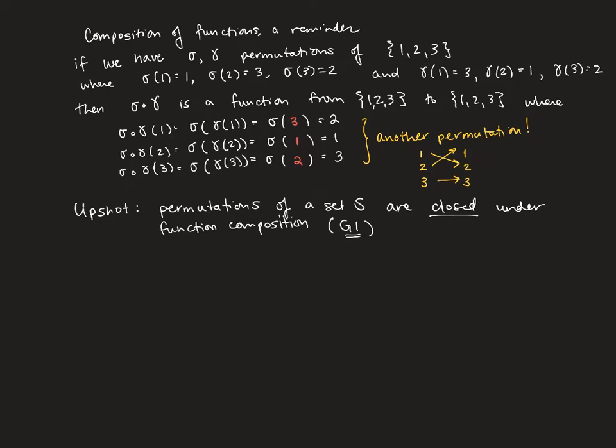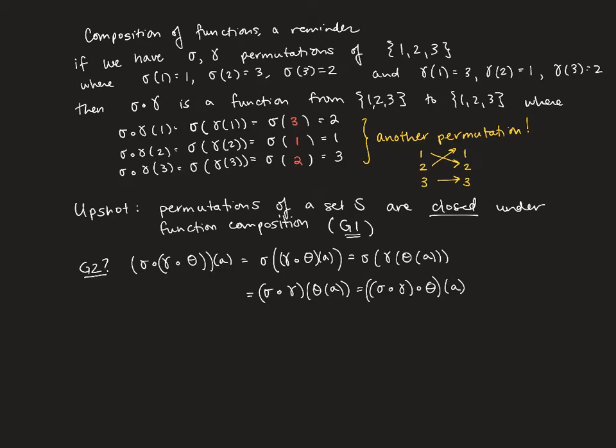Let's think about the other group axioms. What about G2? Well, we need our function composition to be associative. Okay, so here I've picked out 3 permutations. I've got sigma, gamma, and theta. When I plug in A, essentially what this is saying is, first plug A into gamma of theta, and then plug that into sigma, and this really boils down to sigma of gamma of theta of A, and we can rearrange the composition.